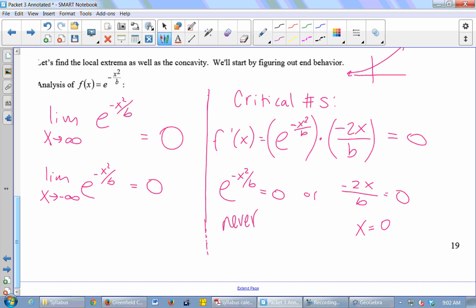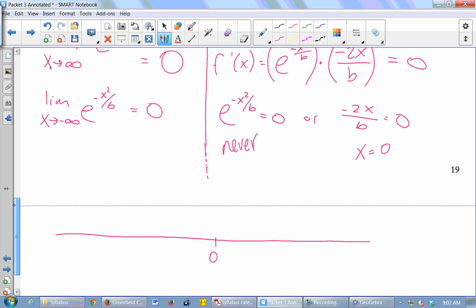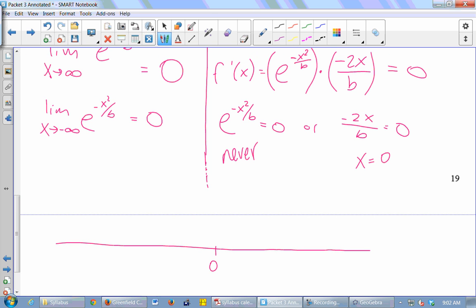How do I determine if it's a max or a min? Yeah, I want to look at the sign of the derivative to the left and right of 0. Make myself a sign chart. Okay, so it's often easy to analyze the sign of a complicated function by breaking it into factors.